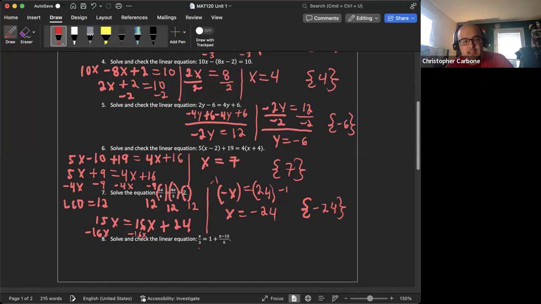This next one is x divided by 3 is equal to 1 plus x minus 15 divided by 5. So again, for this one, we need the least common denominator between 3 and 5, that being 15. So we'll be multiplying both sides of this by 15.